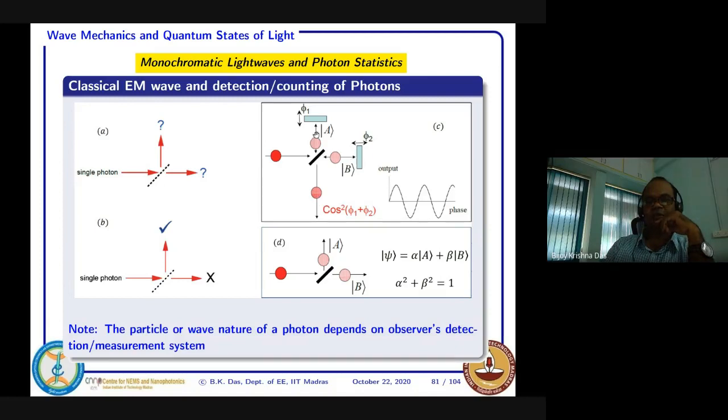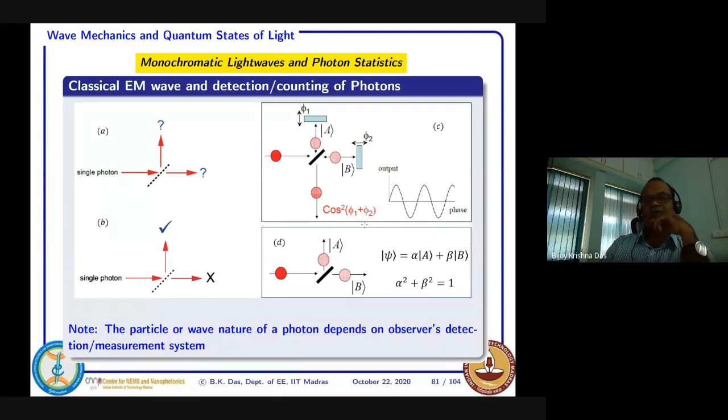Suppose it goes there, goes here and comes back. What you will get is cos square of phi 1 plus phi 2 as written here. But that is a type of error: it should be phi 1 minus phi 2. The total phase will be the phase difference, since you have to consider the path length difference, right?